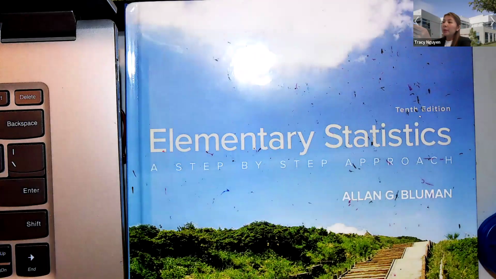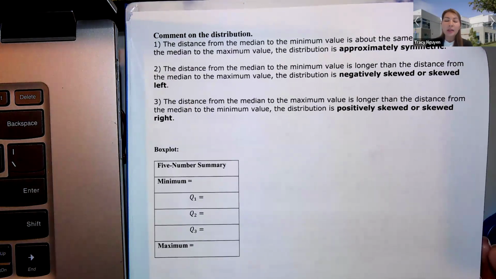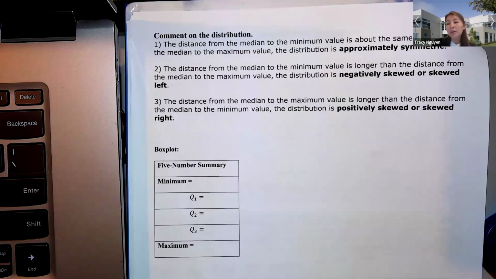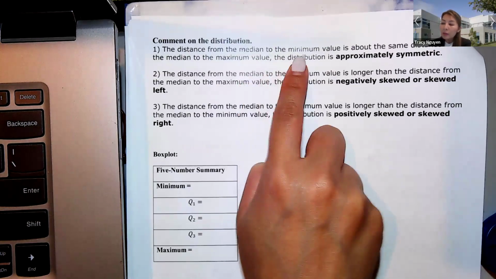Before we get to an example, I wanted to quickly go over how we comment on the distribution. In section 3.1, we learned how to comment on a distribution by comparing the mean and the median. Here, in terms of a box plot, how can we comment on the distribution, whether it's symmetric, negatively skewed or skew left, or positively skewed or skew right? We are comparing the distance from the median to the minimum.